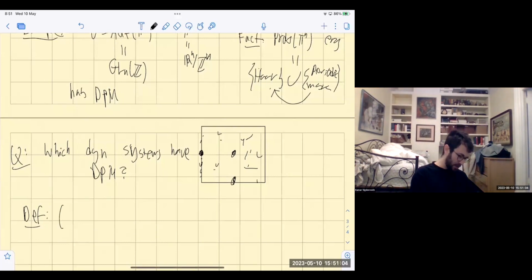So I will say that the dynamical system, and for now let's take one transformation instead of a group of transformations.